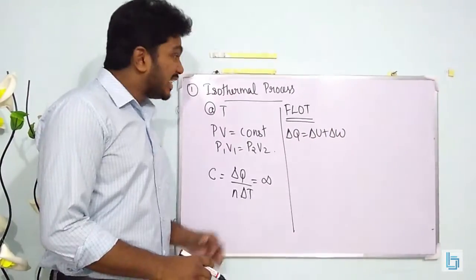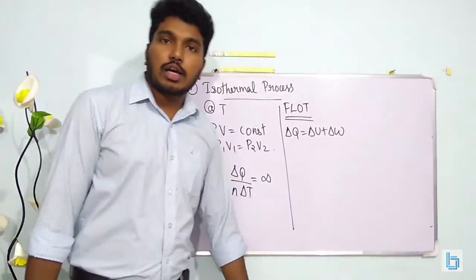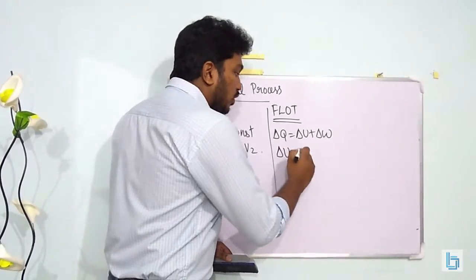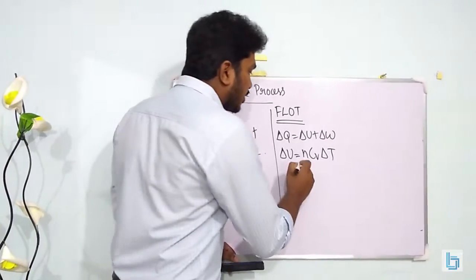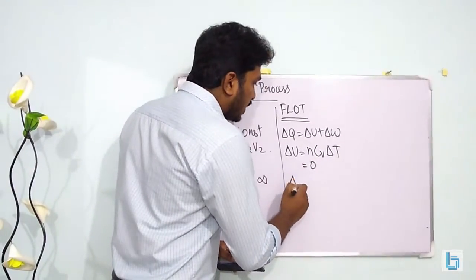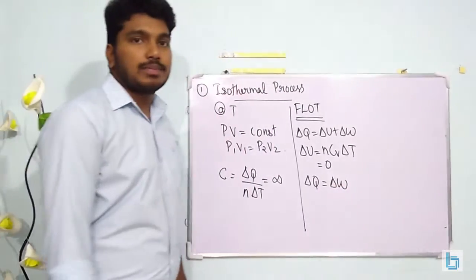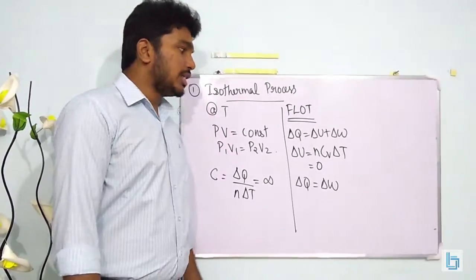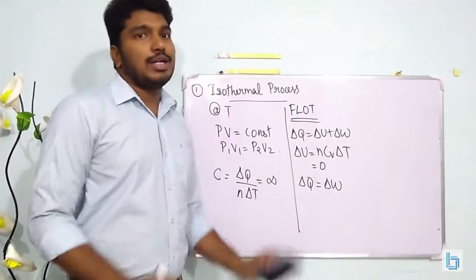Now, since the temperature is remaining a constant, we can say that delta U, which is equal to m Cv delta T, with delta T being 0, will be 0. Therefore, delta Q will be equal to delta W. Is the point clear? Delta Q is equal to delta W.